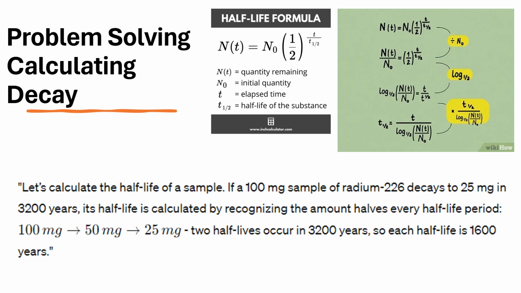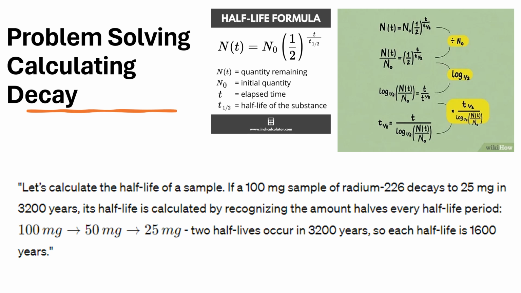For example, the problem reads, calculate the half-life of a sample if a 100 milligram sample of radium-226 decays to 25 milligrams in 3,200 years. How can we calculate the half-life? The half-life is calculated by recognizing the amount halves every half-life period. So, starting from the original sample here, 100 milligrams, it can be a thought problem solving experiment here.